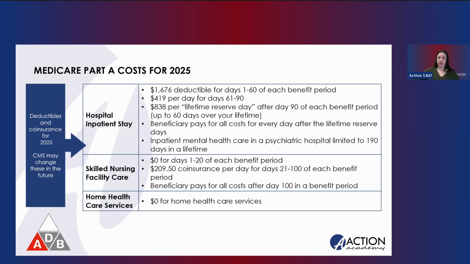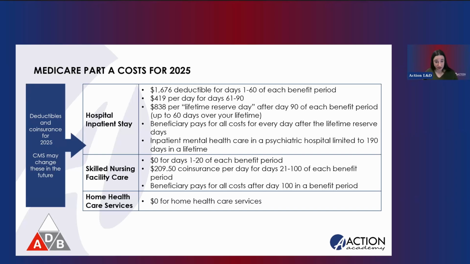That's it. So after you leave the hospital, you might find yourself in need of additional care outside of the hospital, like we talked about in the earlier slide. You might go to a SNF, or skilled nursing facility. Your first 20 days of the benefit period there are free. And at this point, we're working with co-insurance, which means you pay a flat rate per day from day 21 to 100. So there's no deductible.